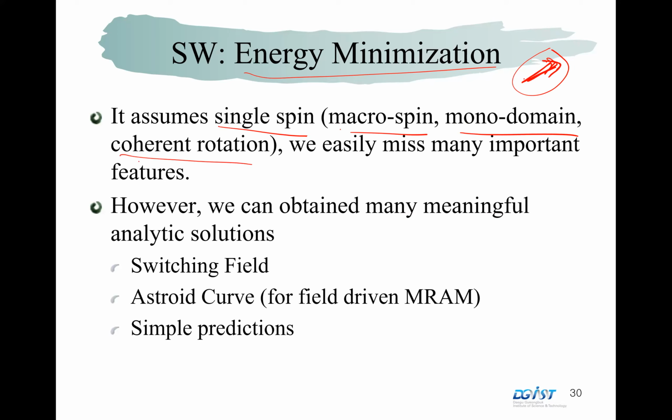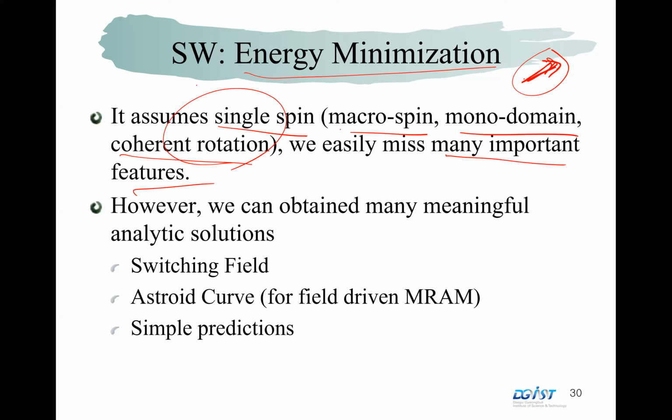They all physically have the same meaning. With this assumption, we are going to miss many important features. Yeah, this model is too simple. But still, it is very useful to understand many real problems.